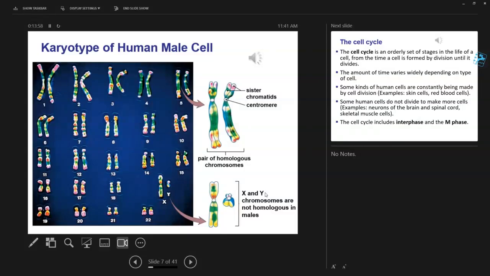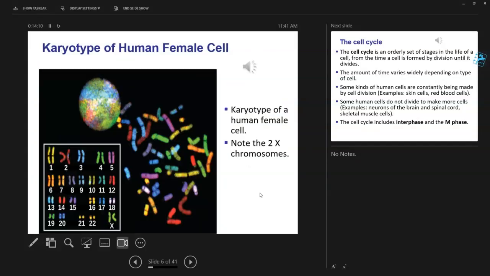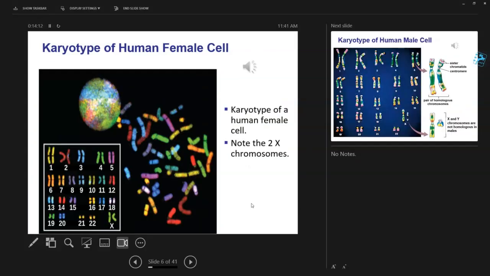They're a pair, but they're not really homologous, because they don't have the same kind of genes on them. So this would be a male, because it has an X and a Y. This is a female, 2 X's, or XX.